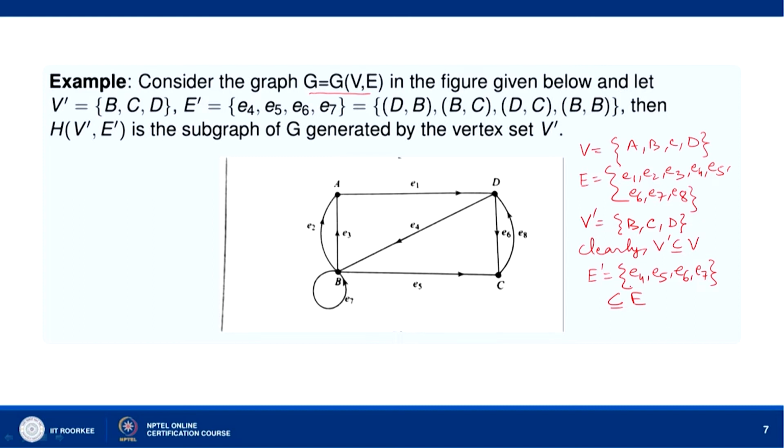So E4 is DB, E5 is BC, E6 is DC and E7 is BB.